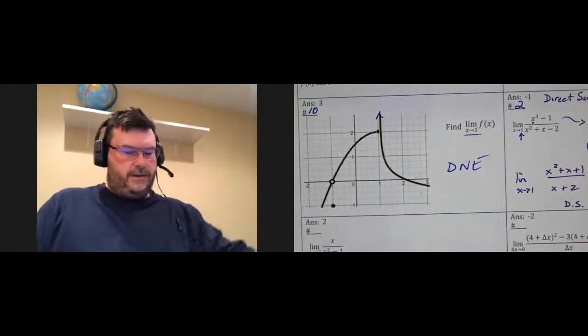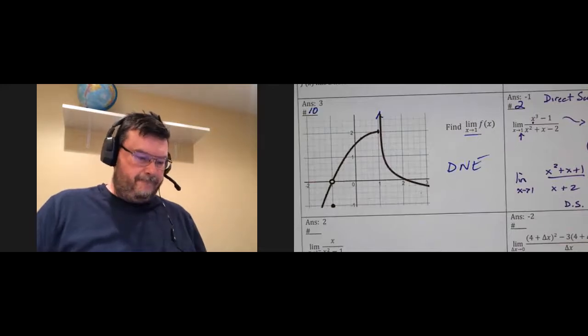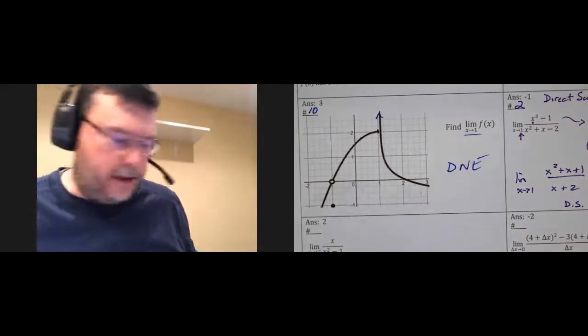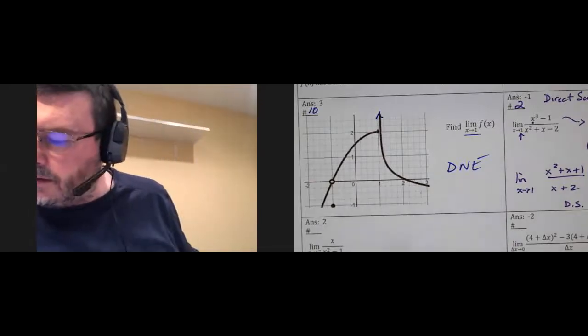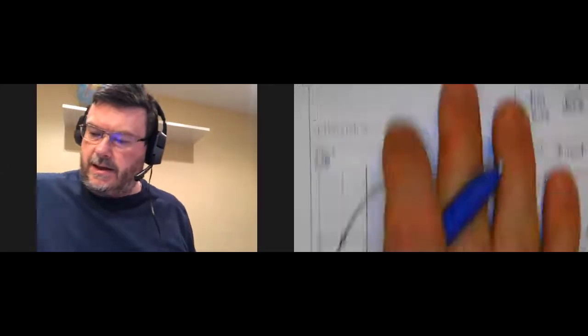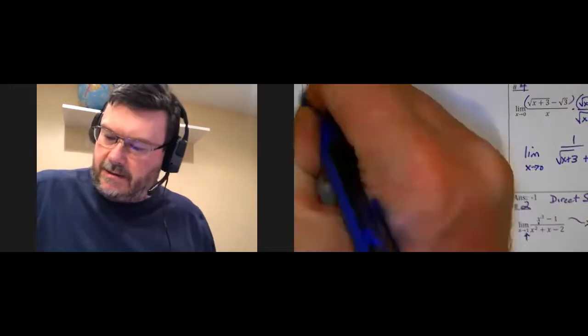Okay, let me just make sure I have my questions. Yep. So x equals 3 and infinity does not exist. So in this case, we're going to go to this one, does not exist, goes to 11.